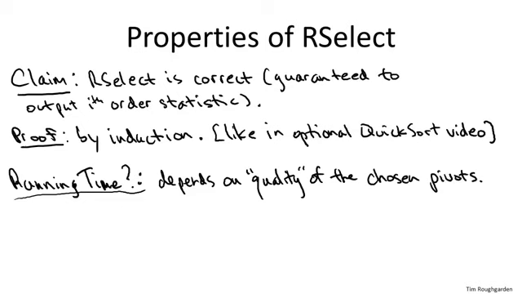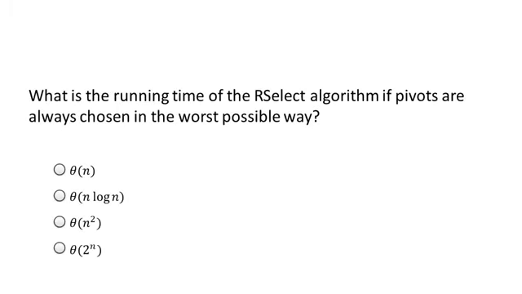So what should be clear is that just like in quicksort, how fast this algorithm runs is going to depend on how good the pivots are. And what good pivots means is pivots that guarantee a balanced split. So the next quiz will make sure that you understand this point and ask you to think about just how bad the running time of the selection algorithm could be if you get extremely unlucky in your pivot choices.